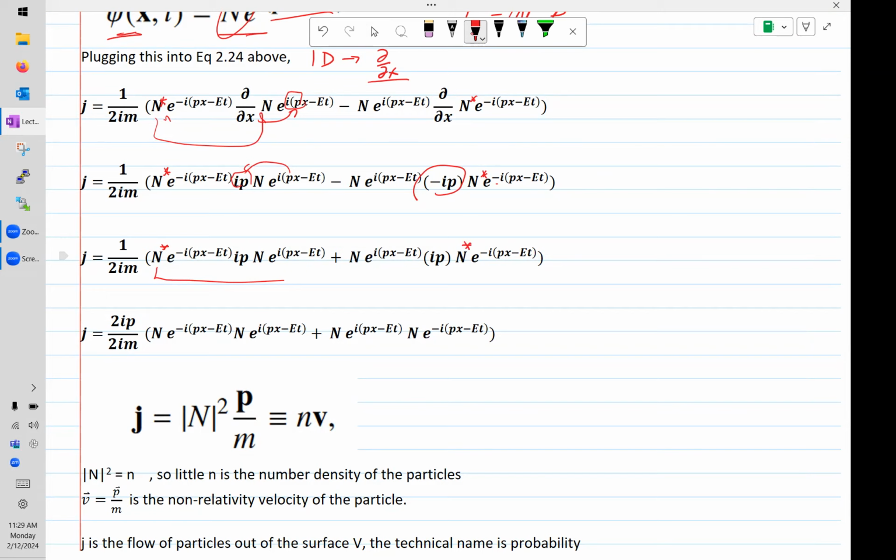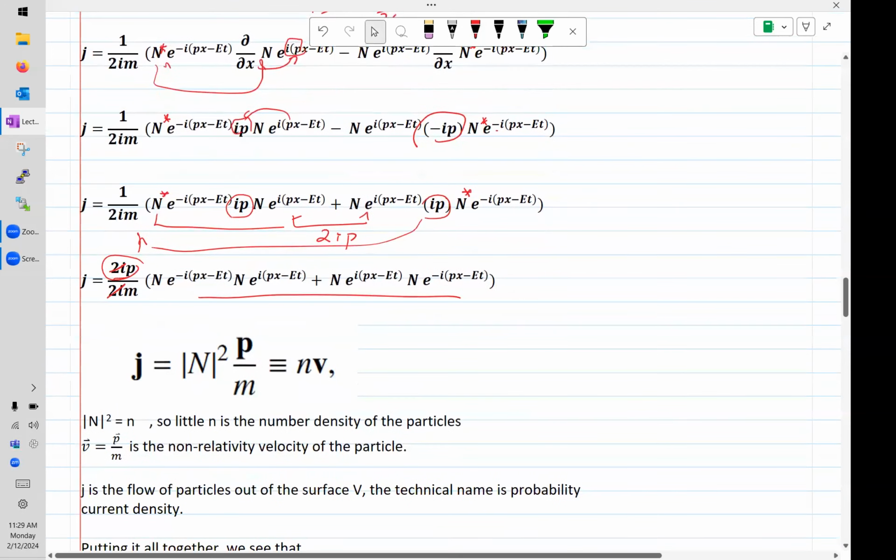Since the iP is common in front of both terms, you can factor that out. In fact, you get two of them because these are the same terms, so you get 2 times iP that factors out. Then this 2i cancels out with the other 2i's, and you have this wave function at the end here. So you have P over M, and then you have n star n, which is just the magnitude of n squared.